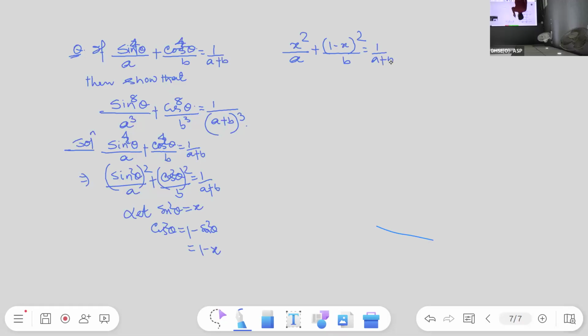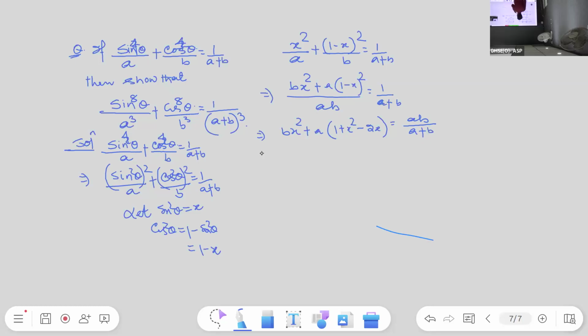Right? So simplifying the LCM on the left hand side will be ab. So b times x square, a times (1 minus x) whole square is equal to 1 upon a plus b. This implies bx square plus a into (1 plus x square minus 2x) equals ab upon a plus b.